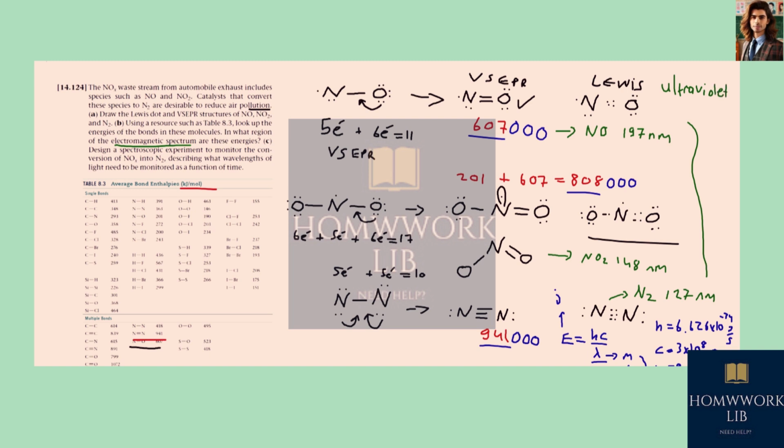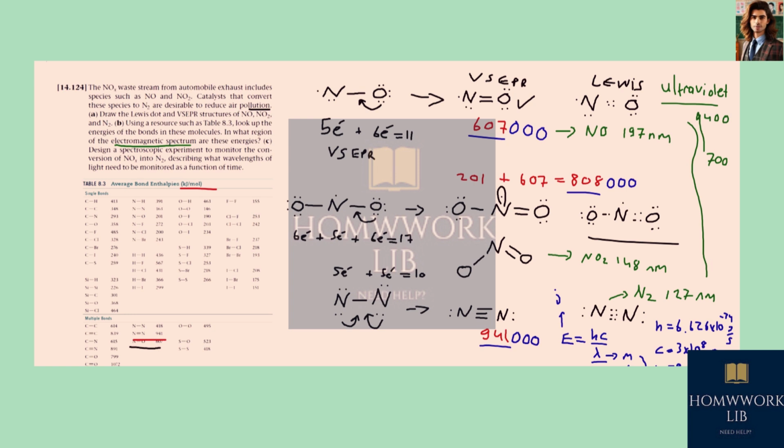These are just above the visible spectrum, and visible spectrum is between 400 and 700 nanometers, and these are just below that, so it's going to be ultraviolet.